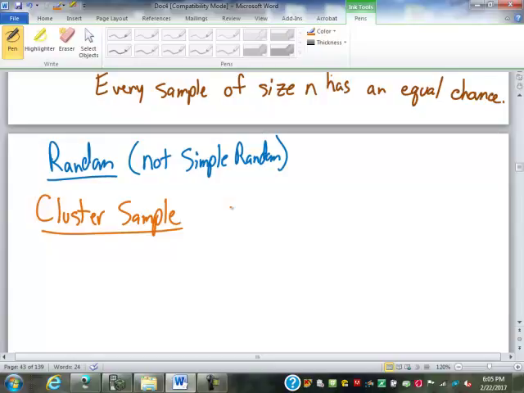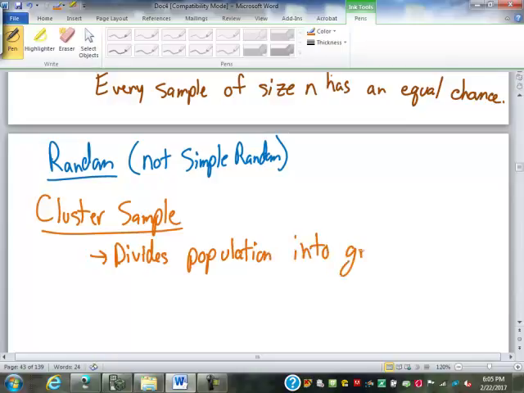Well, if they throw the names of everybody in the city into a hat and draw them out, they're going to be skipping around all over the city testing these signals. So what a cluster sample does is it divides the population into groups, and then randomly selects several groups.